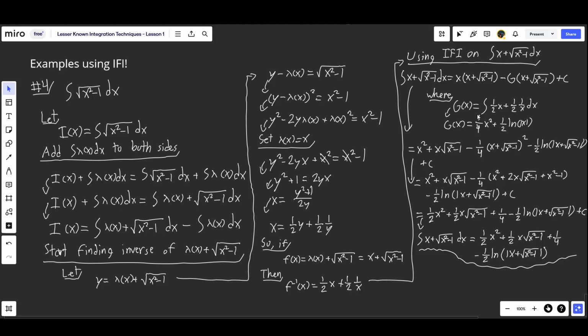Integrating this just becomes 1/4 times x squared plus 1/2 times the natural log of the absolute value of x.